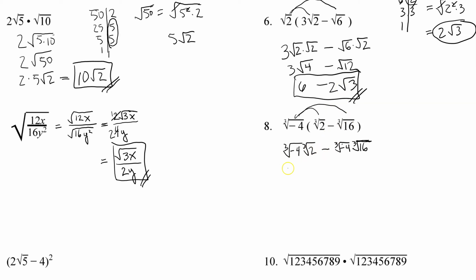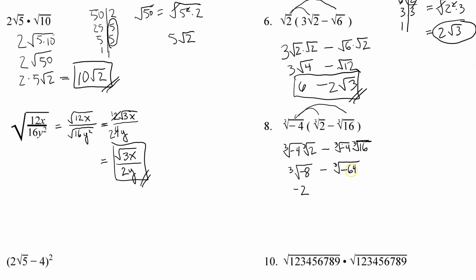So here we get the cube root of negative 8 minus the cube root of negative 4 times 16, which would be negative 64. The cube root of negative 8 is what number multiplied by itself 3 times is negative 8, and that would be negative 2.